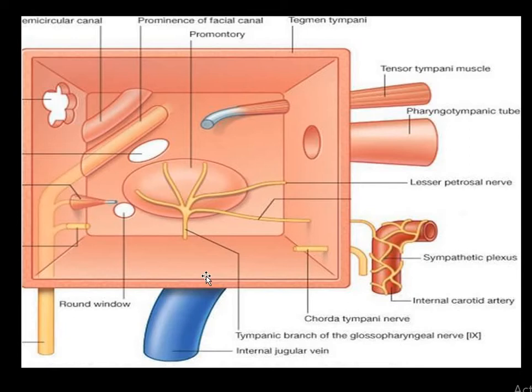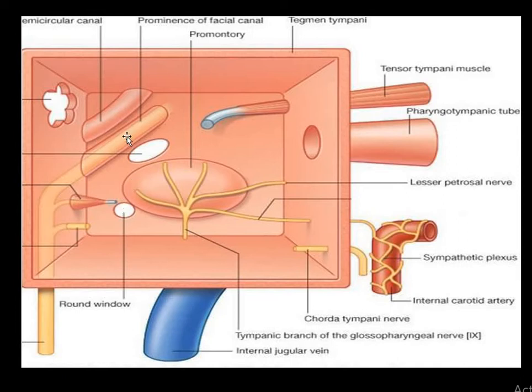This picture schematically shows different structures in different walls of the middle ear cavity, the most important being the medial wall that contains the promontory, as you can see here. This is the prominent part due to the basal turn of the cochlea. Superiorly lies the oval window and inferiorly lies the round window.